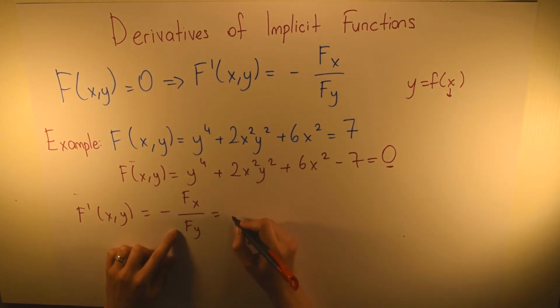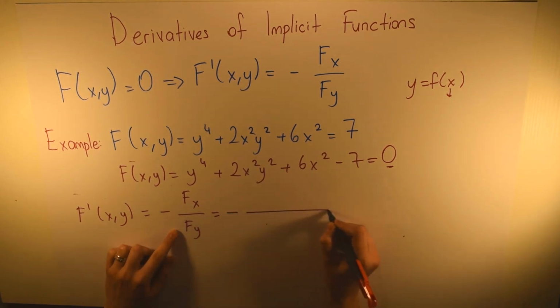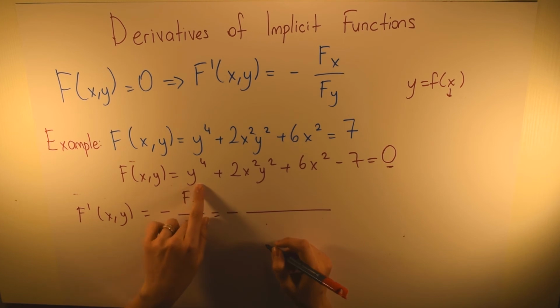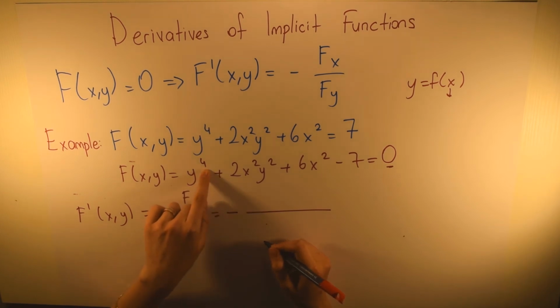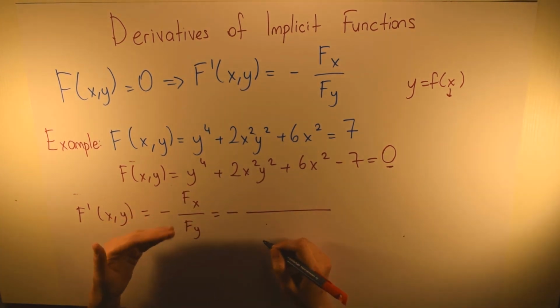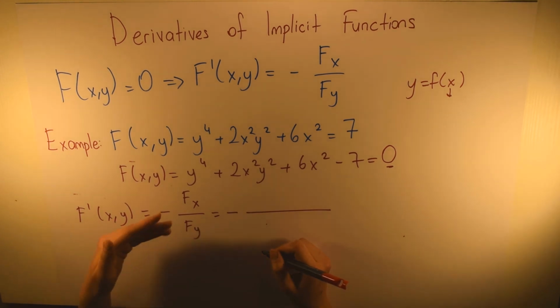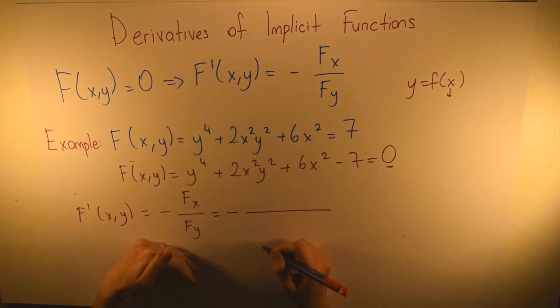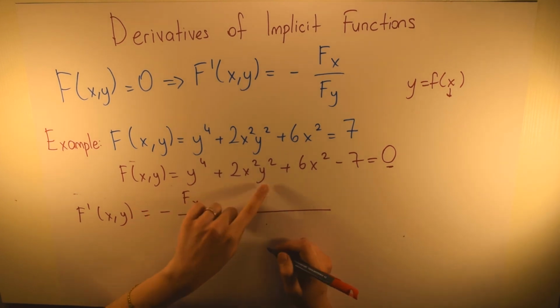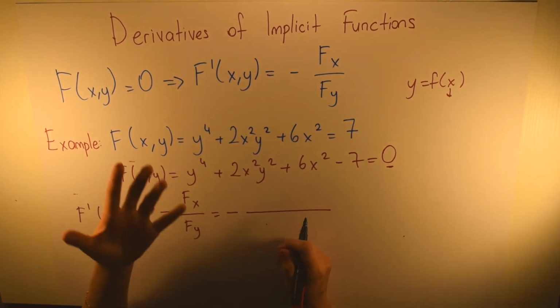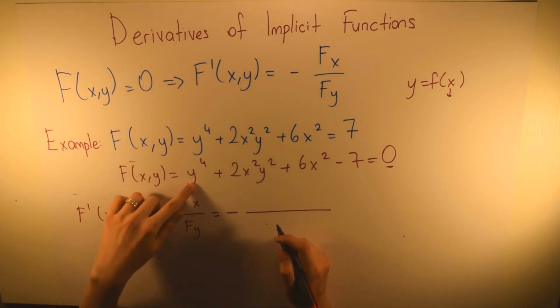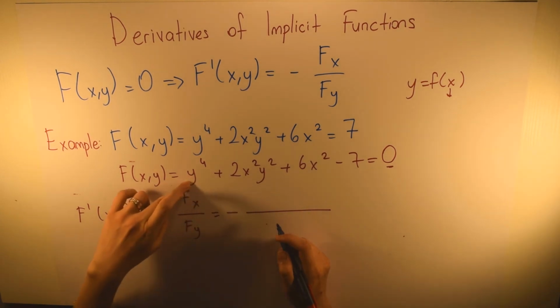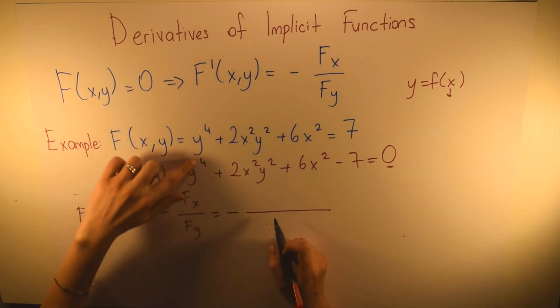So this will be equal to minus. Let's look at here. We have y to the power of 4. When we take the derivative of f with respect to x, we think of these y's as a constant. So here we think of this as a constant. That's why its derivative is equal to 0. So we don't take this.